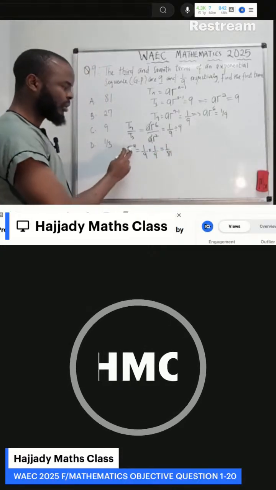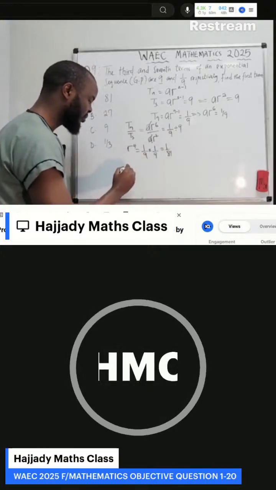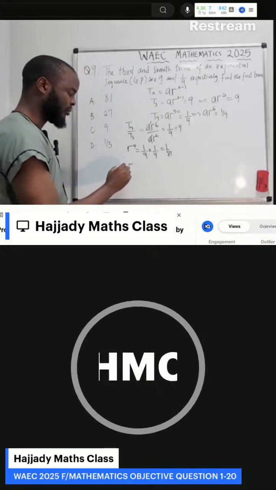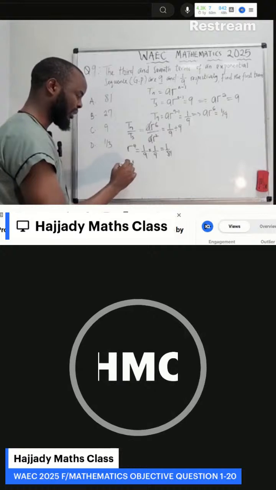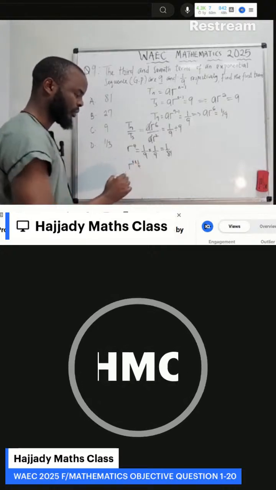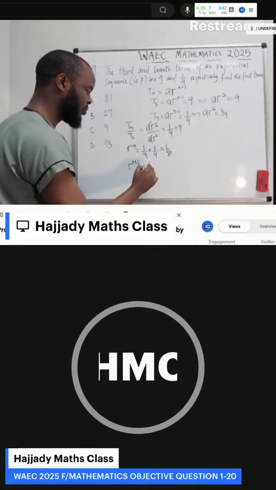Now, r to the power of 4 equals 1 over 81. Then what is r? To get r, you find the fourth root, multiplying by 1 over 4. The fourth root of 1 over 81 is the same thing as saying 1 over 3.